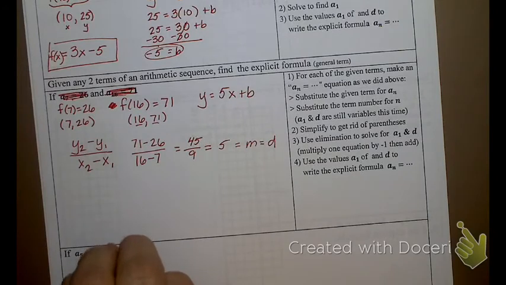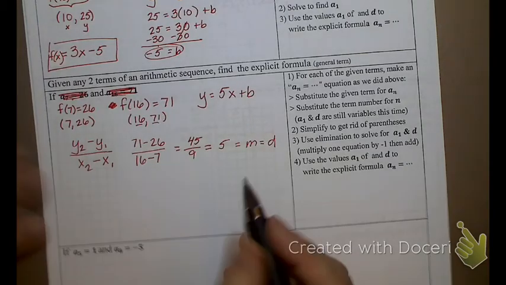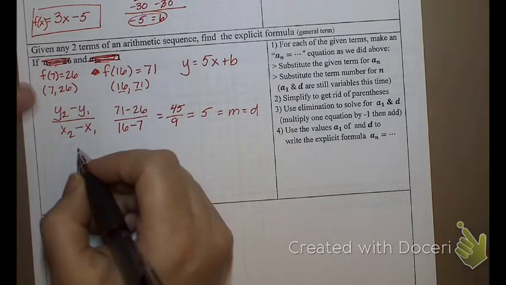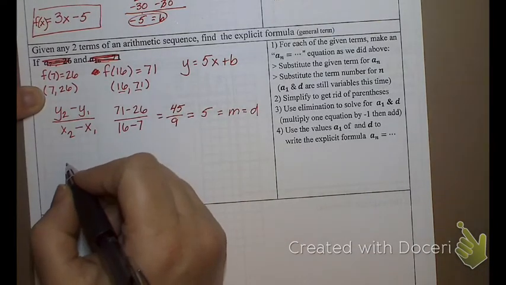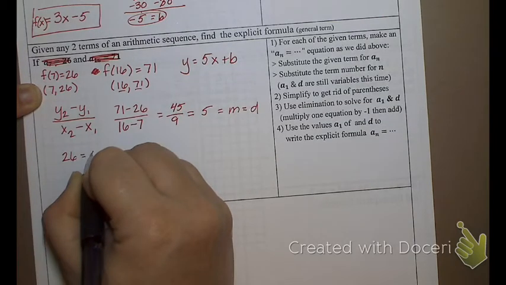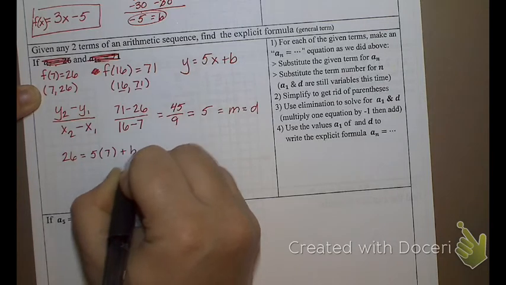If one has easier numbers, smaller numbers, maybe positive numbers instead of negative, whole numbers instead of fractions. I'm going to use (7, 26) because it doesn't have 71 in it, and that's kind of big. So what am I going to plug in for y? 26 equals 5 times 7 plus b.